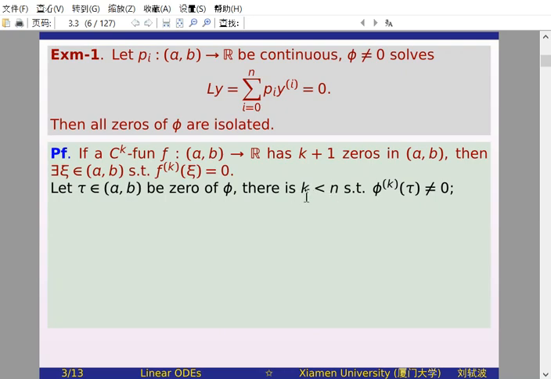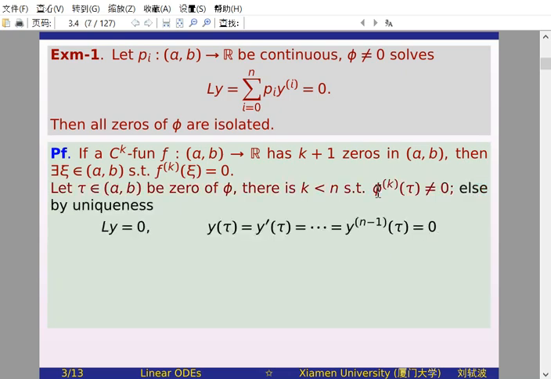Otherwise, if all the derivatives of phi up to order n minus 1 at the point tau are 0, then phi is a solution of this initial value problem.